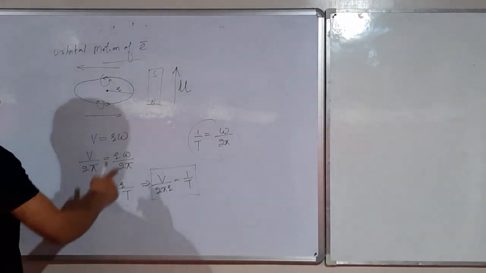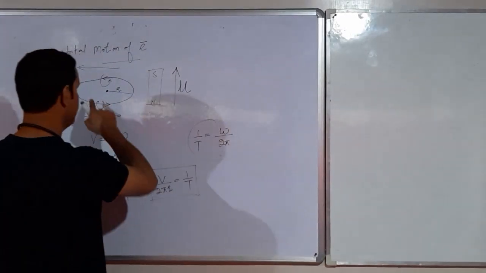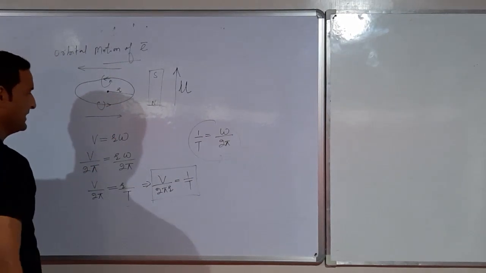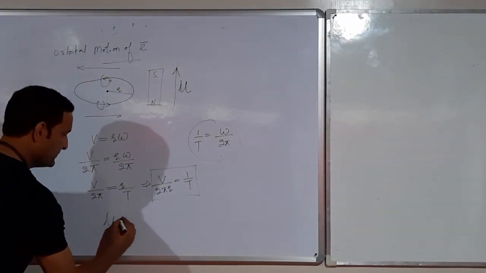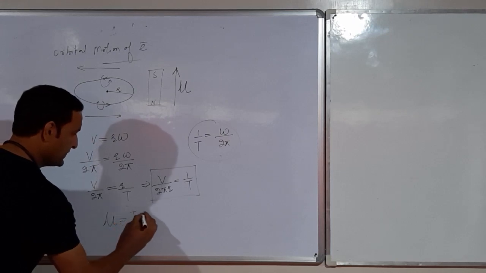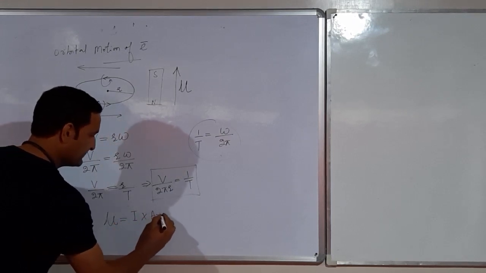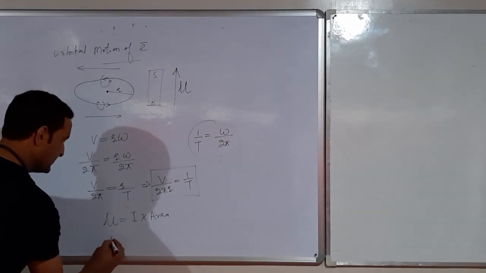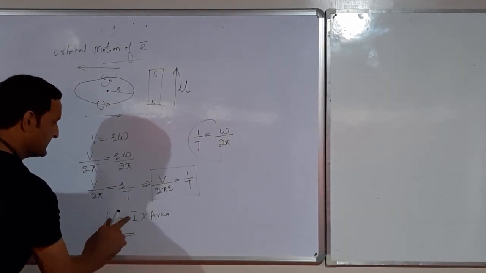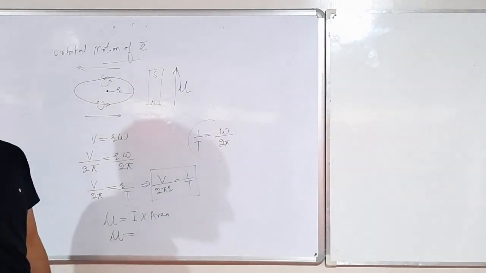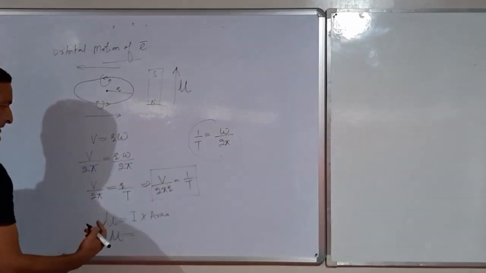Therefore, the magnetic moment associated with the orbital motion of the electron can be represented mathematically as mu equal to current into area. Current by definition is charge divided by time.